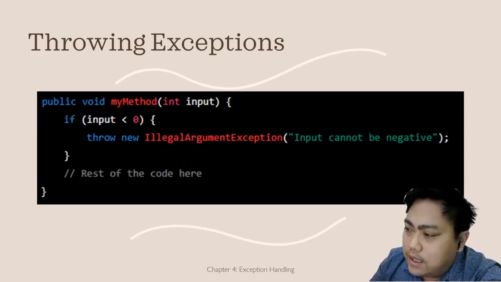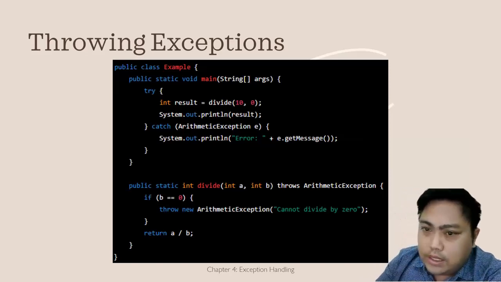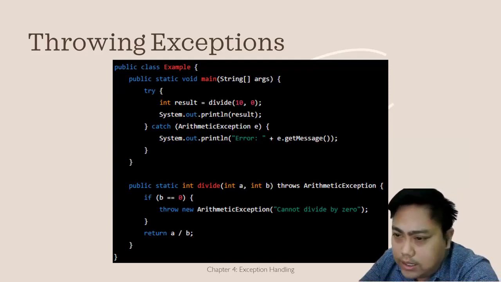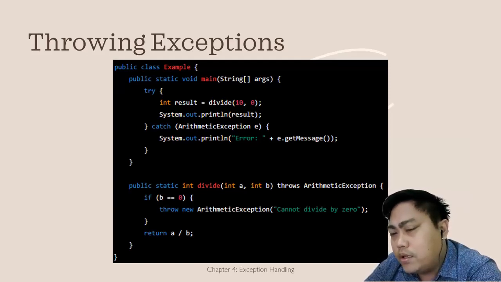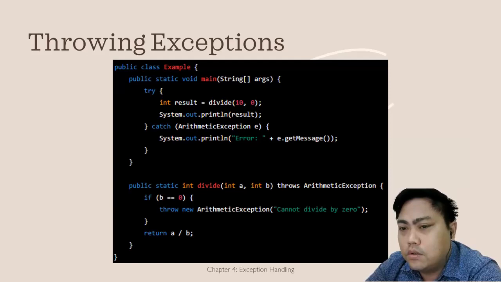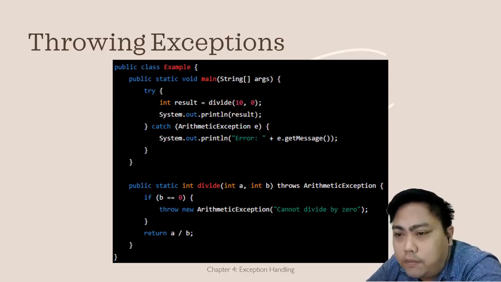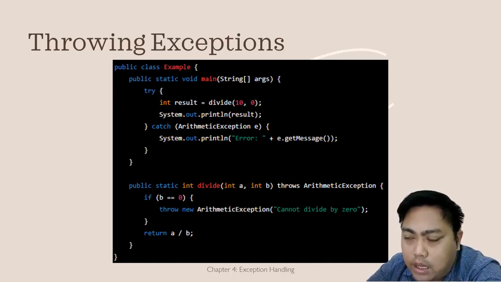Okay, so let's check this example. In this example, the divide method is defined to take two integer parameters and return their division. If the second parameter b is 0, the method throws an ArithmeticException with the message "cannot divide by 0".